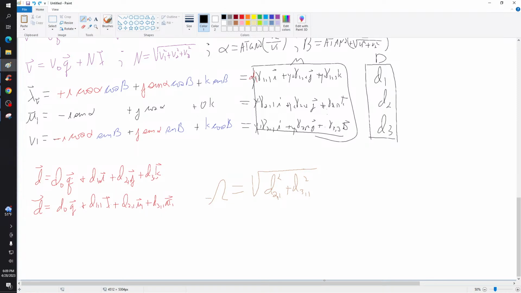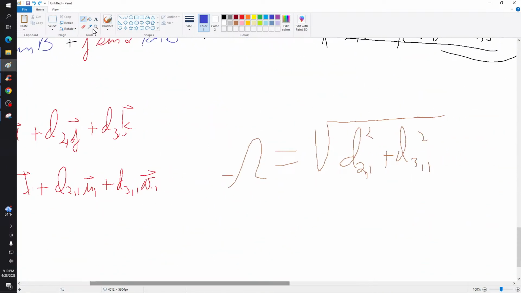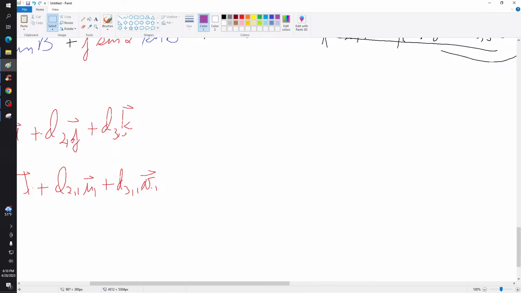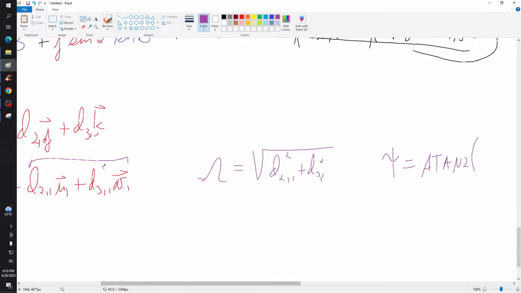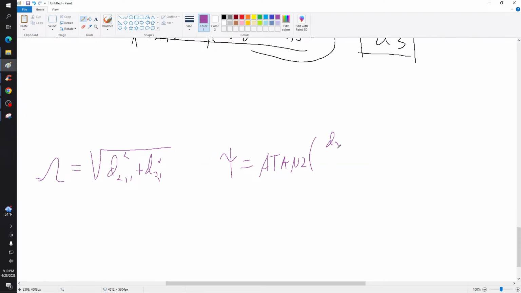So let omega be the real number magnitude of the mu portion of d, and let psi be the angle, atan2 of these two coordinates in mu space, d3, d2.